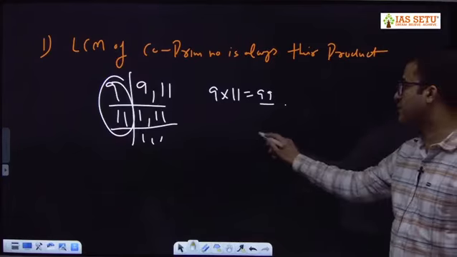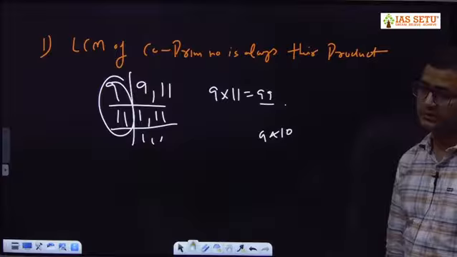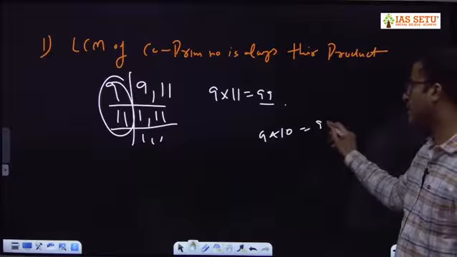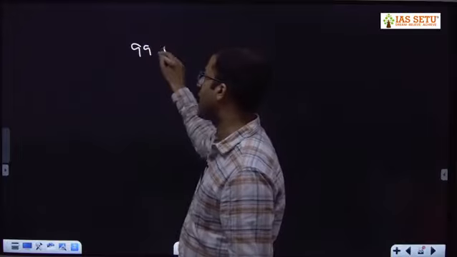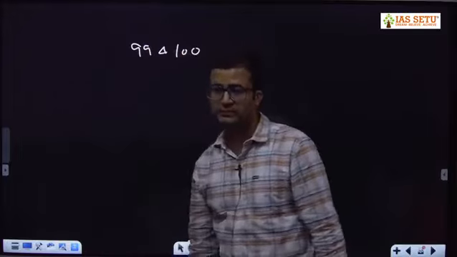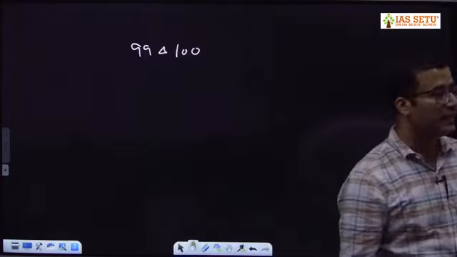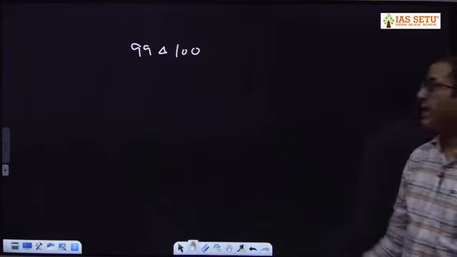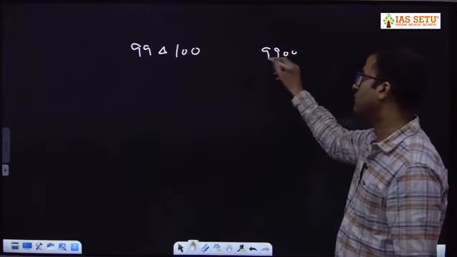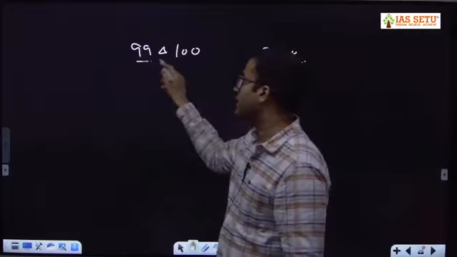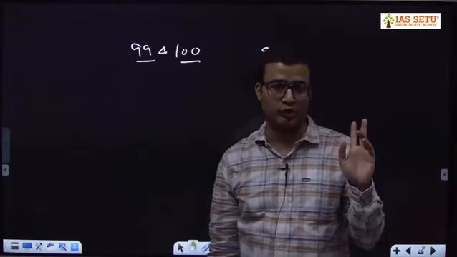Tell me, what is the LCM of 9 and 10? 90, because they are co-prime. What is the LCM of 99 and 100? 9900. Why? Because 99 and 100 are two consecutive natural numbers.